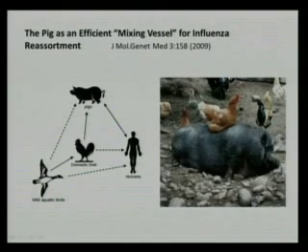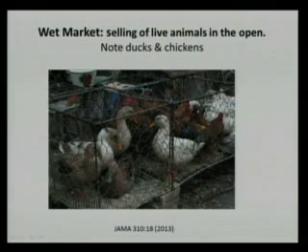So the importance of the pig or the swine is that people have found that it's a good place for this reassortment to occur, and when that happens, then that's a situation where a pandemic could result. And this is just a funny figure showing how intimate this chicken is with the pig sitting on top of it, so you can kind of imagine how this process could take place.